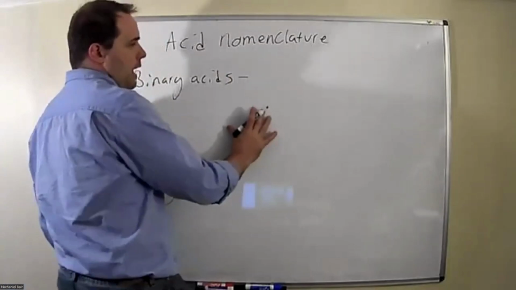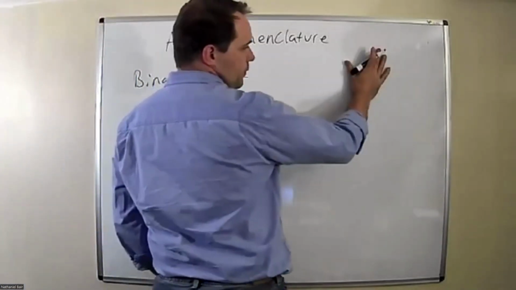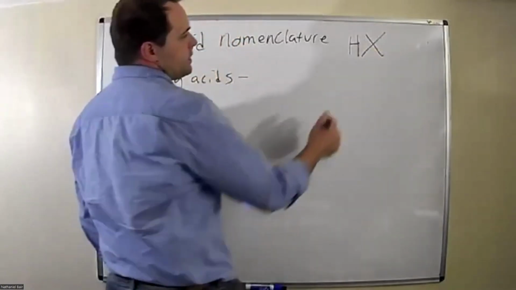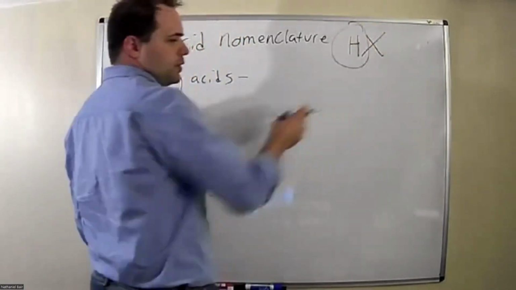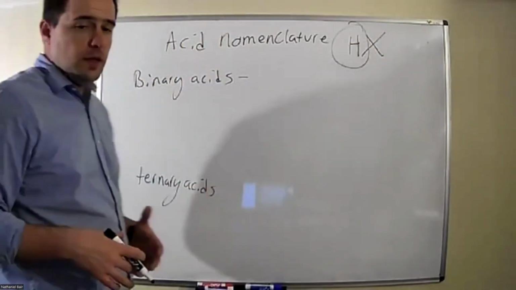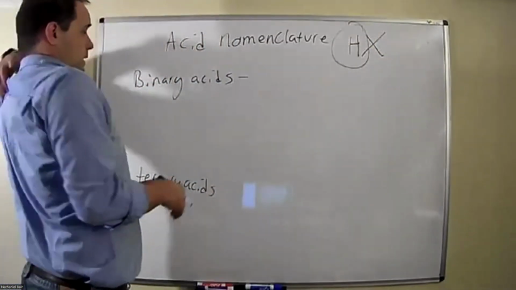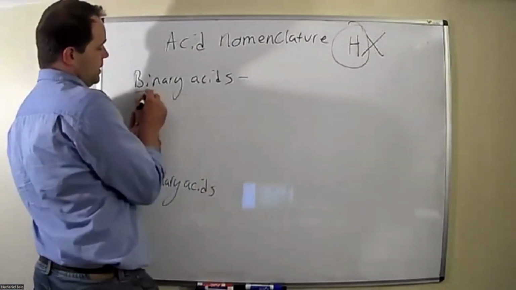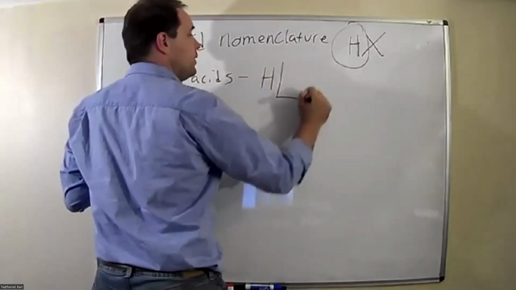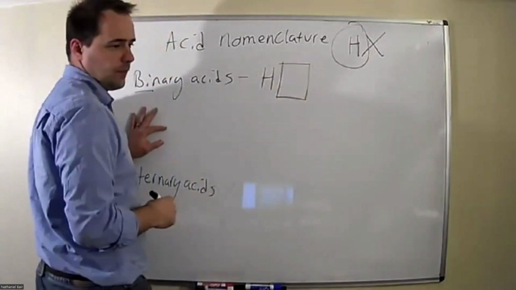So first of all, acids all have a formula H something. What makes something an acid is it has a hydrogen that can dissociate and form H plus ions. So a binary acid is literally, as the name suggests, bi, two. That's a hydrogen and one other element.